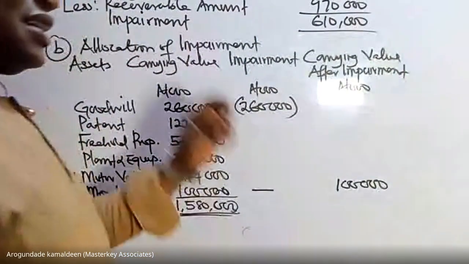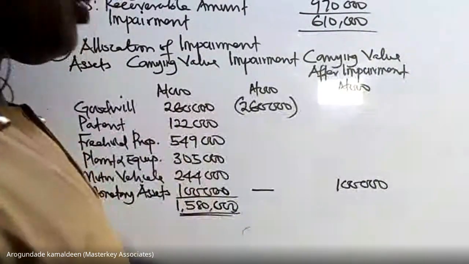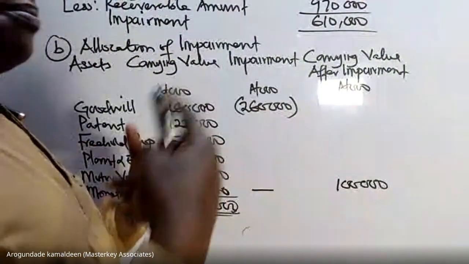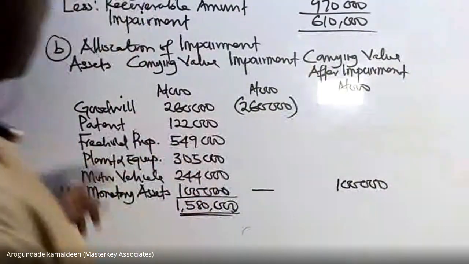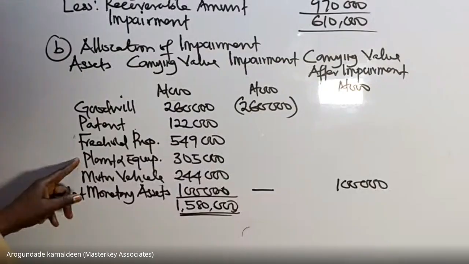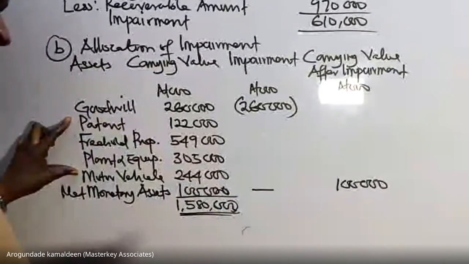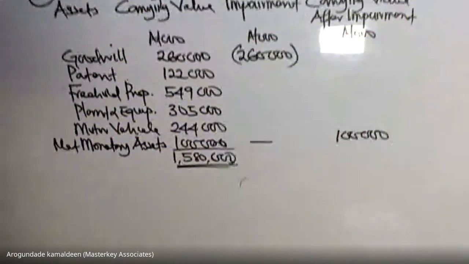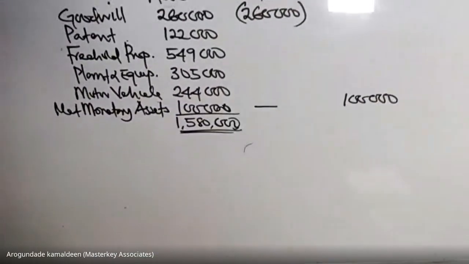Thank you. Now, the third step, you are going to prorate on the remaining assets: the patent, freehold property, P&E, and motor vehicle. Exactly. So let's do that now. We prorate, so we know how much we charge to each for the impairment.